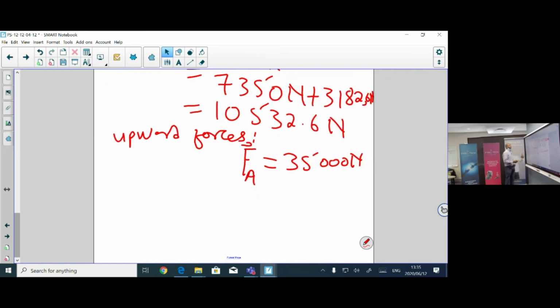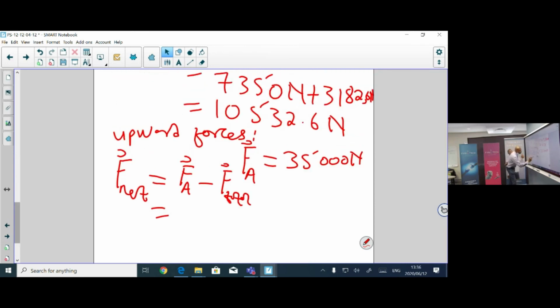If you have these two forces, that's where you can get the net force. In other words, you have to subtract. F net is equal to F A minus F total. F total comes from all the forces pointing downwards.